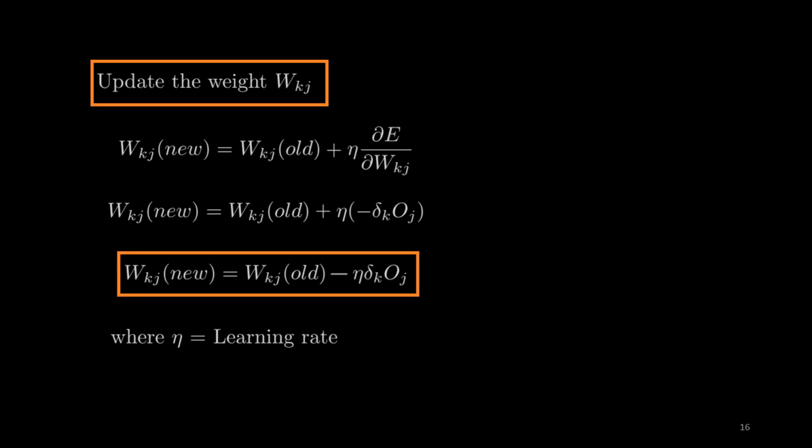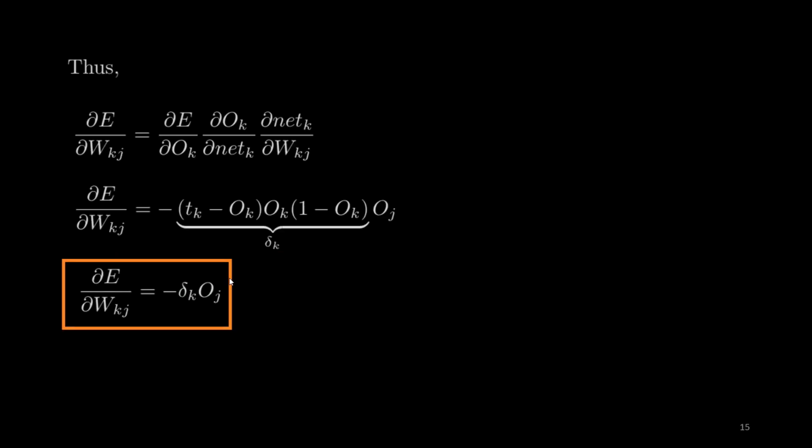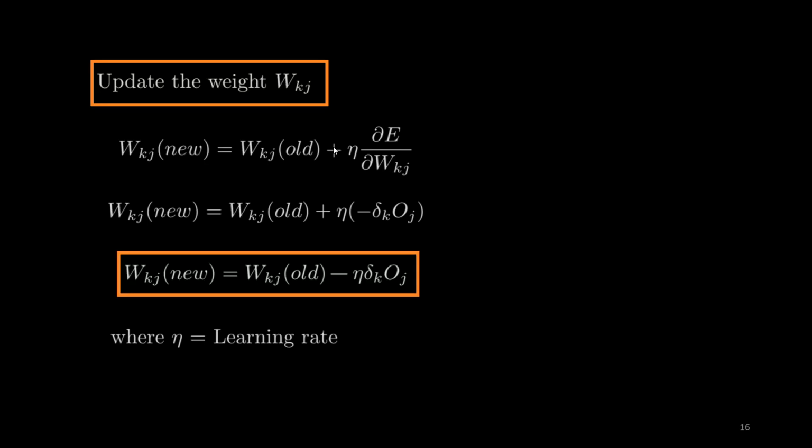Then we derive the values of all these 3 terms. Then we put those values in that equation, and then we simplify. After simplification, we get the value which is minus delta k oj, and that value will update wkj. So we will use this value in weight updation along with the learning rate. So this is the updated weight of wkj.